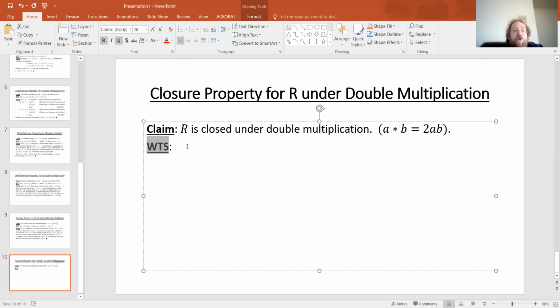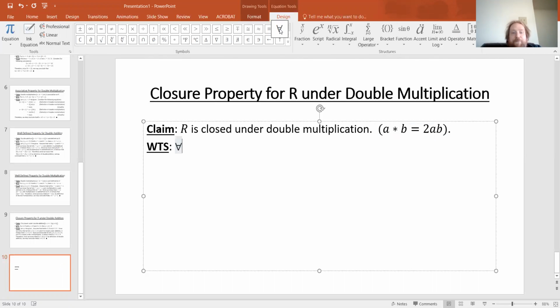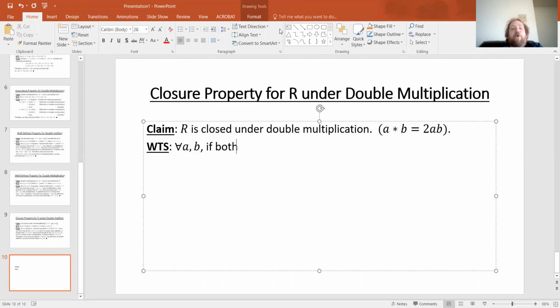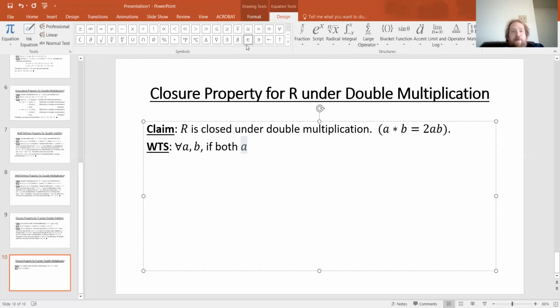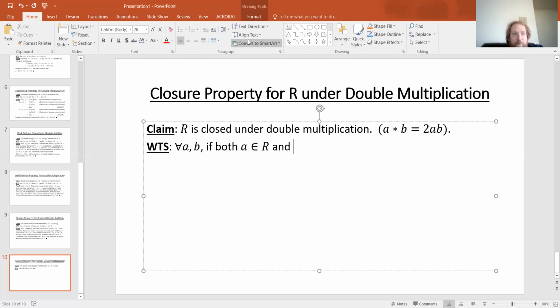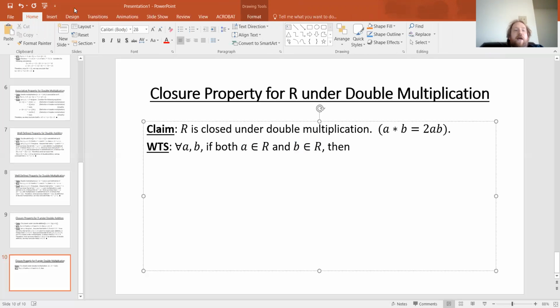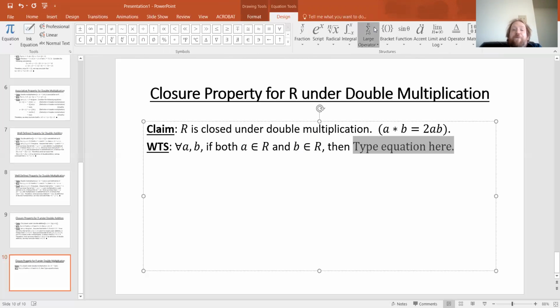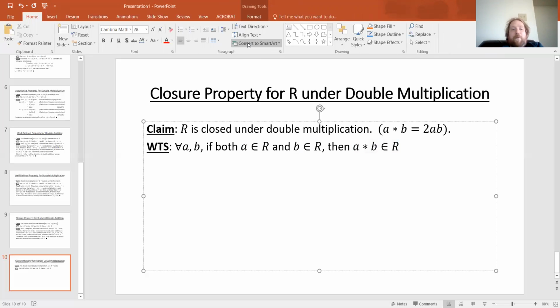So we want to show for every pair of elements A and B, if both A is a member of the reals and B is a member of the reals, then A star B, given by the formula for double multiplication, is also a member of the reals.